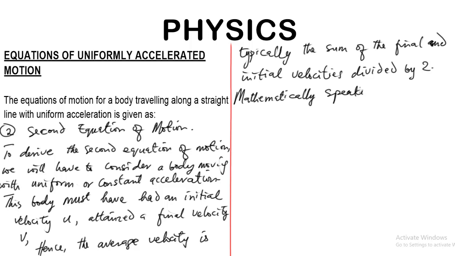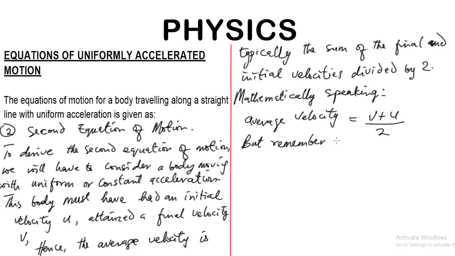Let's make a mathematical representation of this statement. We have that average velocity is equal to v plus u divided by 2. But in equation 1, we say that our velocity v is equal to u plus at.